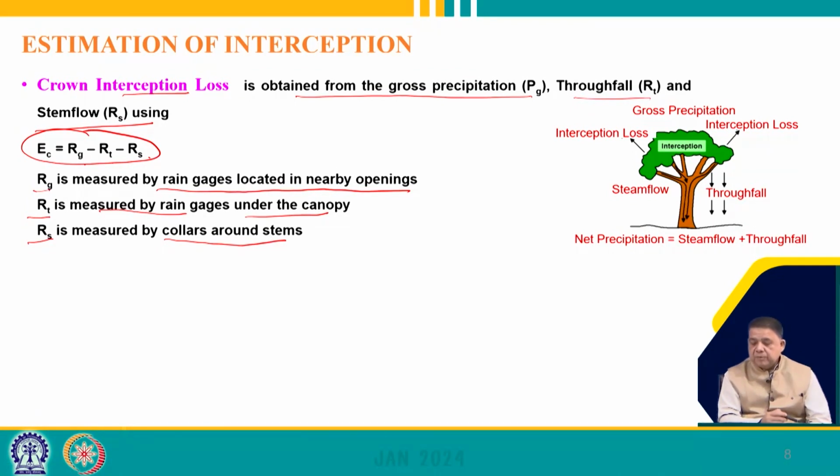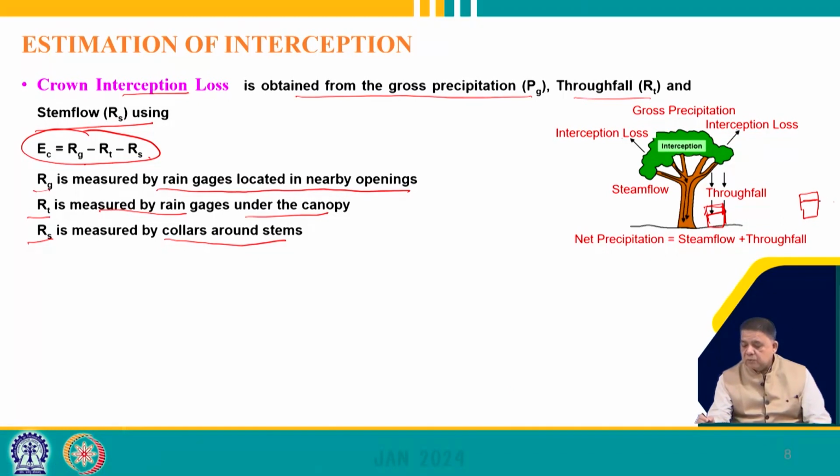So, if you have a forested area or plantation area, you put certain rain gauges just below the tree. We saw that rain gauges could have different shapes, typically cylindrical, and we put some of them in open spaces.